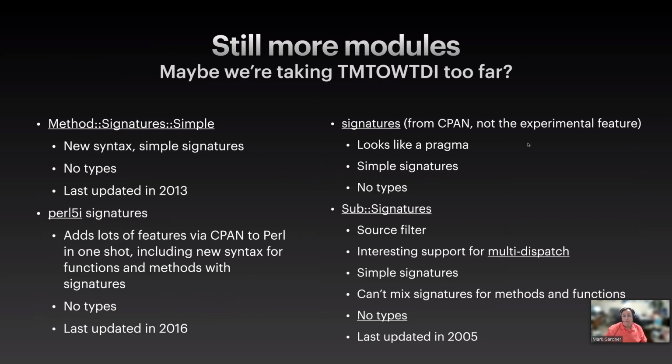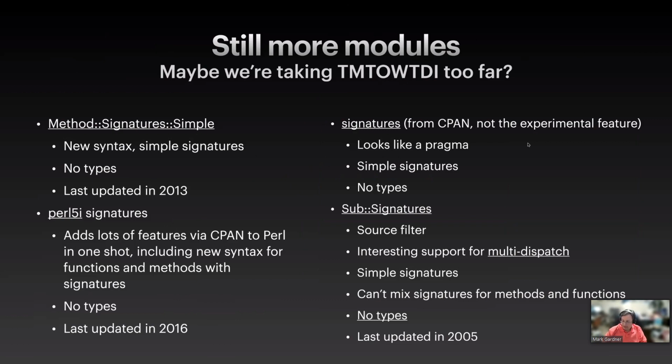And you've got sub-signatures, which is a source filter by Curtis Poe, also known as Ovid. Some people don't like source filters, so if that's you, you're already moving on. But it does have interesting support for multi-dispatch.